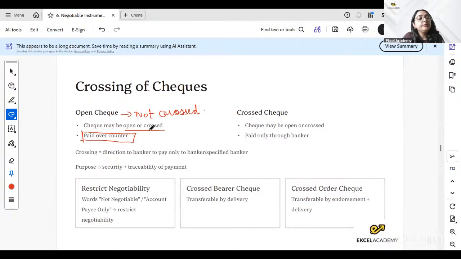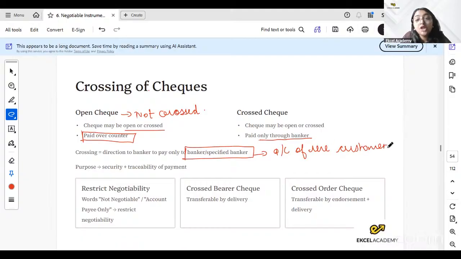A crossed check can be paid only through your banker, which means that you need to deposit that money into the banker's bank account. Crossing is a direction to the banker to pay only to a bank or a specified banker, that is, into the account of the customer. You cannot encash it physically. The purpose is security and traceability of payment.